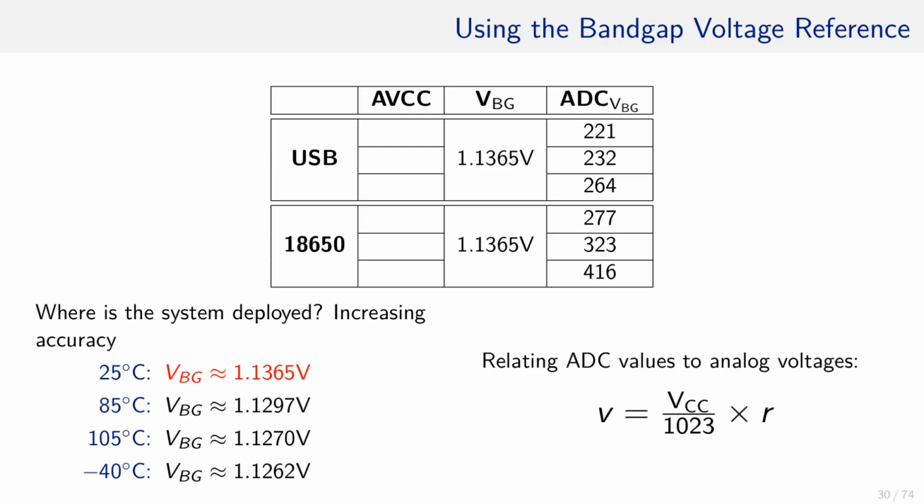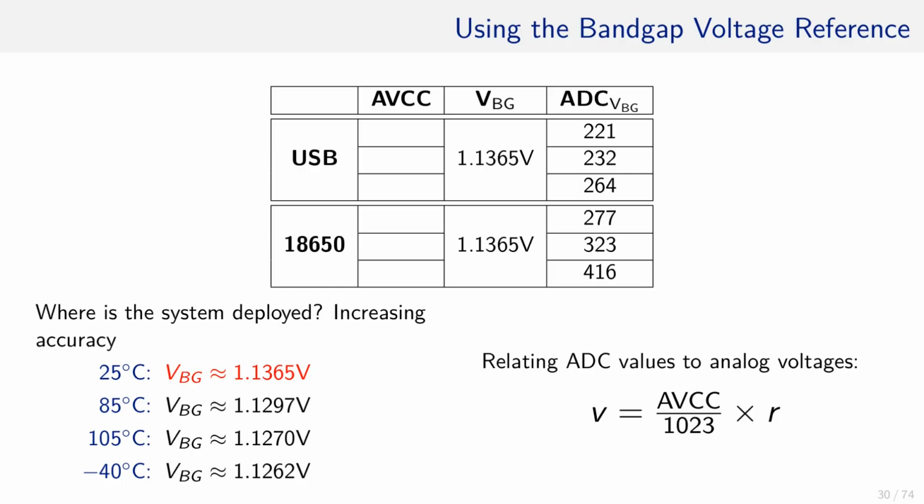As you know from the previous examples at the beginning of the chapter about ADCs, the ADC returns an integer, which, together with the input voltage VCC, can be used to calculate the analog voltage at the pin of the ADC. To do so, the formula is the input voltage divided by 1023 times the integer from the ADC. That results in the analog voltage.